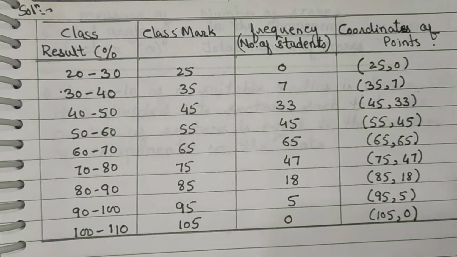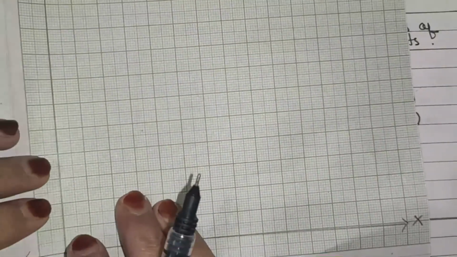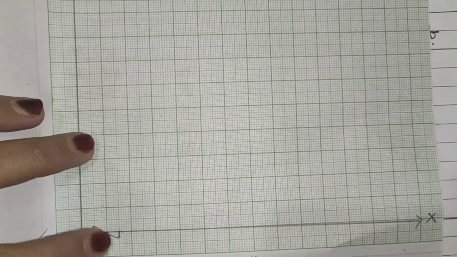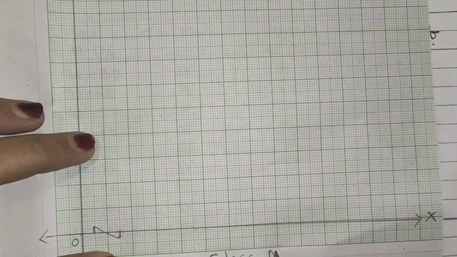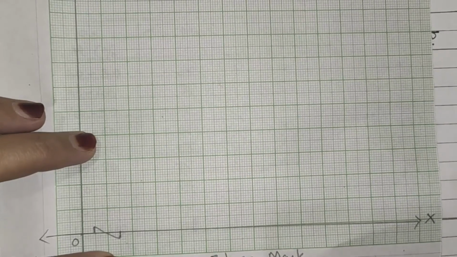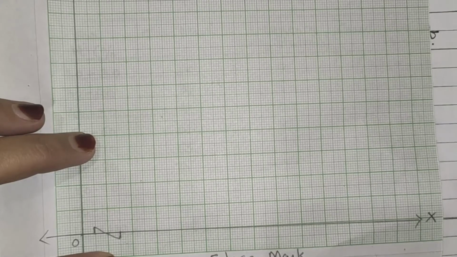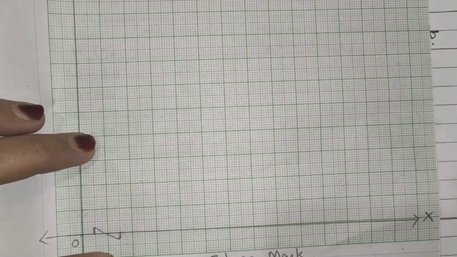Now draw a frequency polygon on graph paper. Now here on x-axis write down class mark, result in percentage.